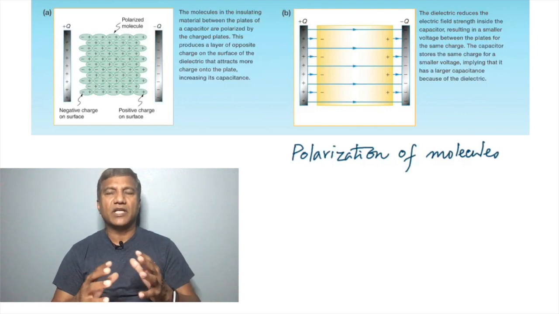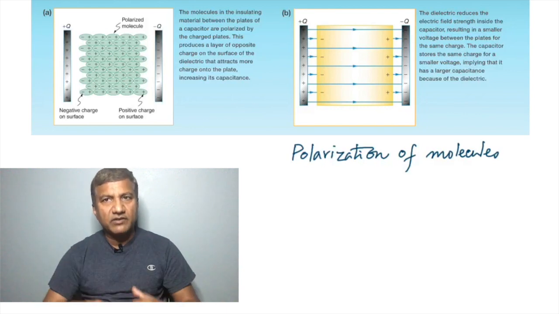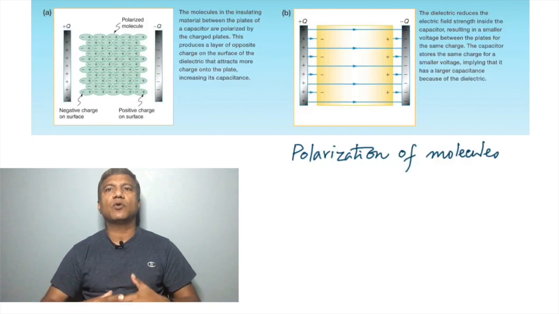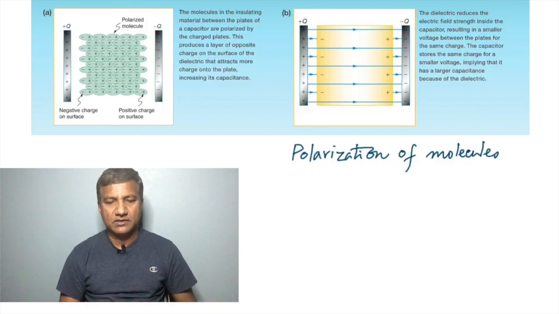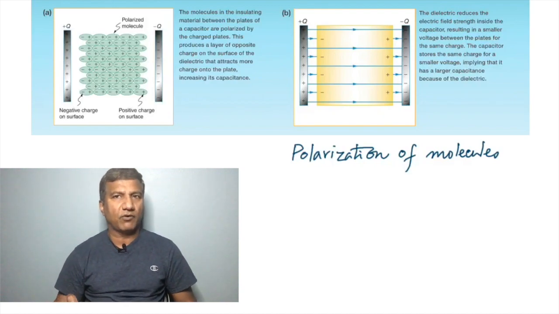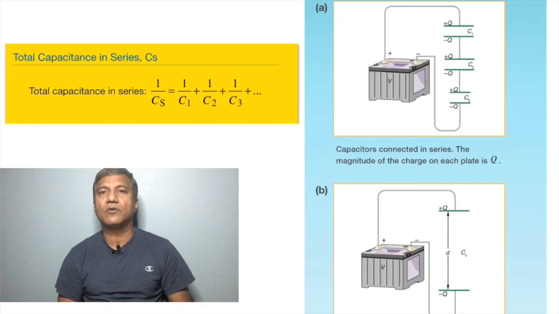Thereby, the net field decreases. When the net field decreases, that means the voltage decreases, and so the capacitance increases. Remember that capacitance is inversely proportional to the voltage. So as the voltage decreases, the capacitance now increases.